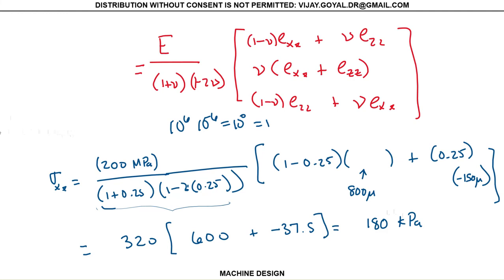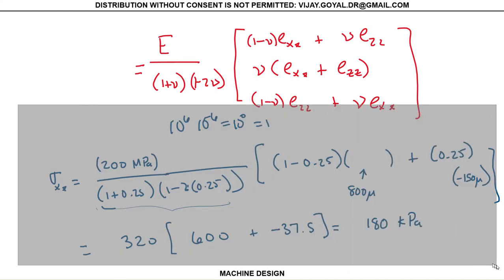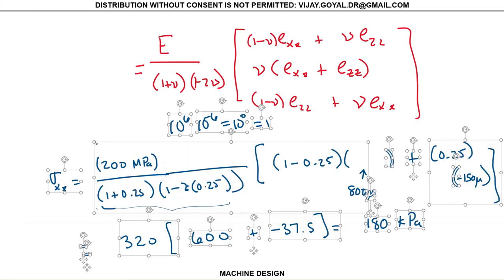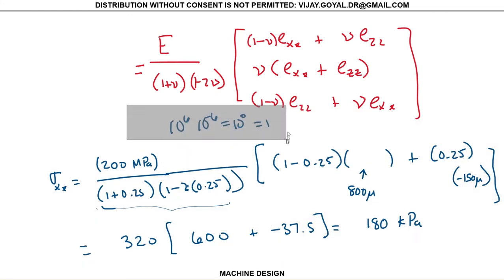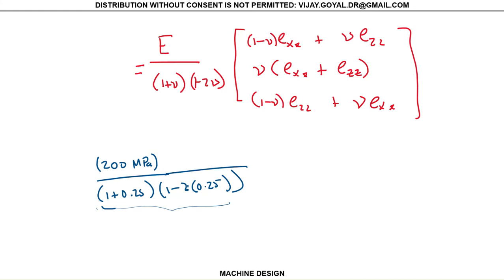Okay, so let's go to the second one. You can pause the video if you want to. I'm going to keep on going. So you got the first term, and that's multiplied by the second term right here.